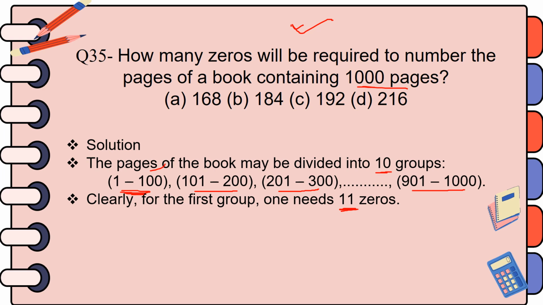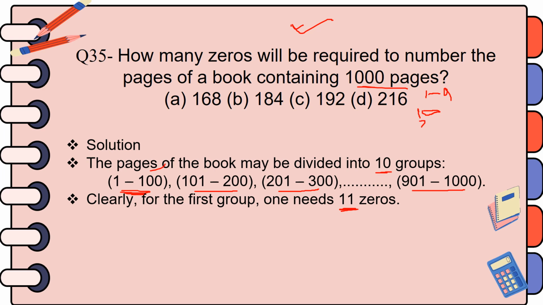From 1 up to 9, there is no zero. Then zero starts from page 10. At page 10, there is 1 zero. Again, from 11 up to 19, there is no zero.